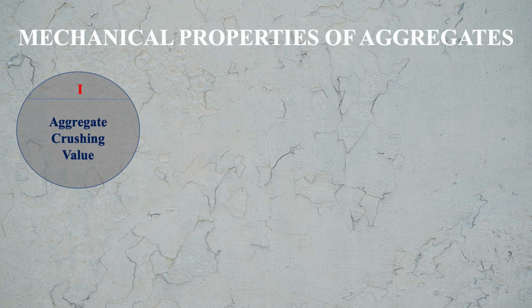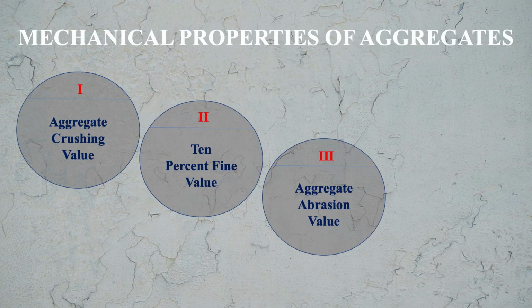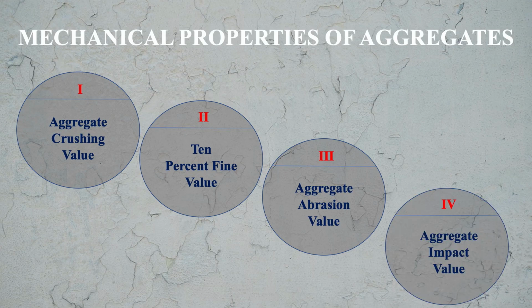Now in this lecture, I'll discuss with you the mechanical properties of aggregates, which will include aggregate crushing value, 10% fine value, then aggregate abrasion value, then aggregate impact value. So these four mechanical properties of aggregates I will discuss with you.